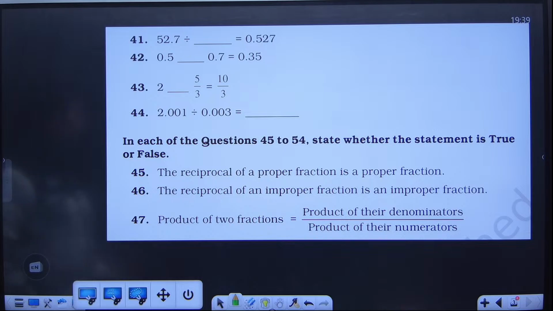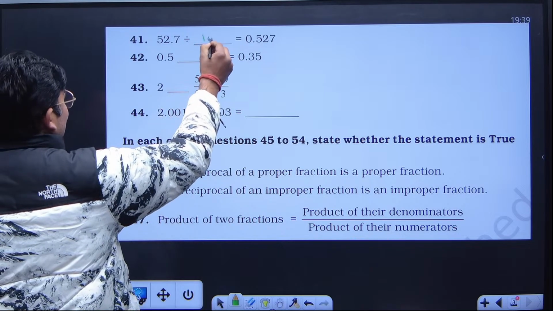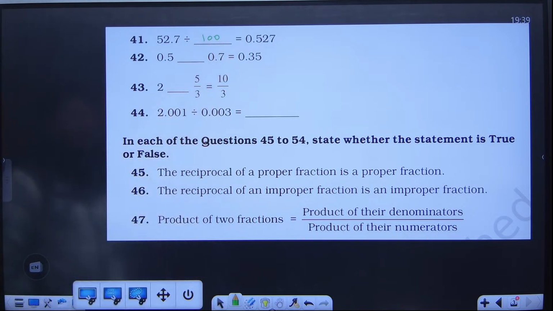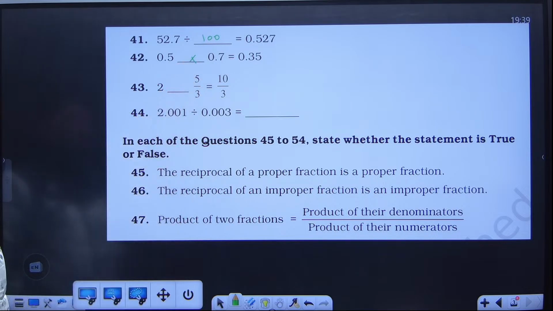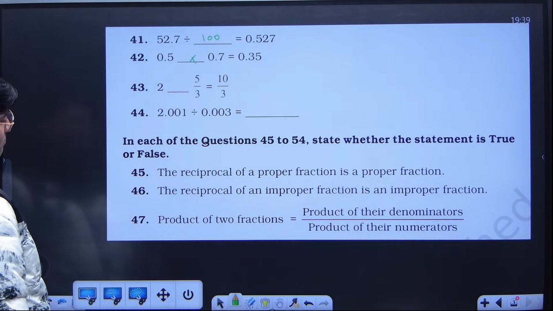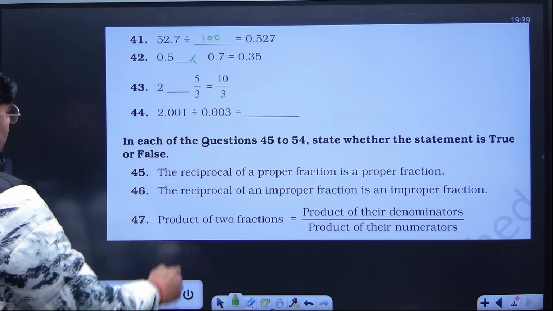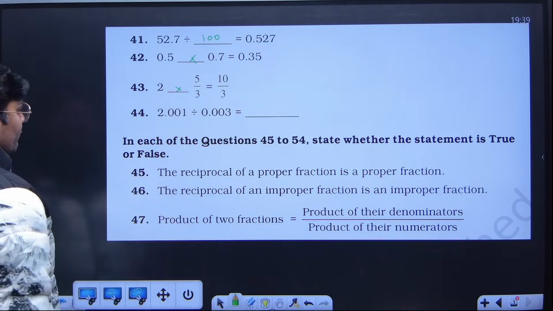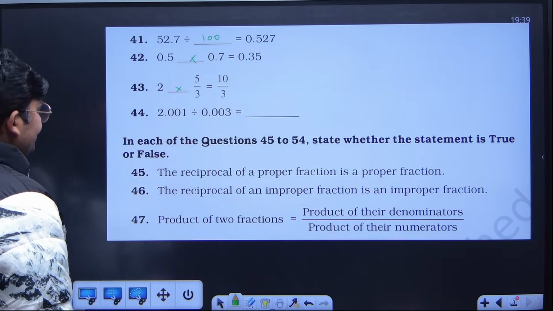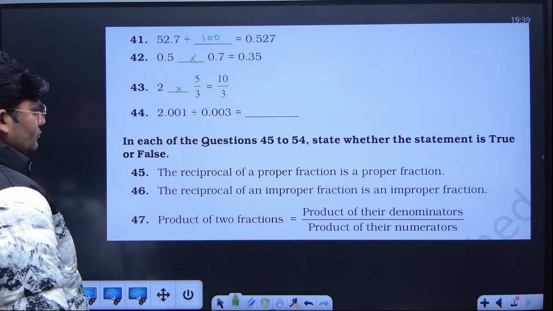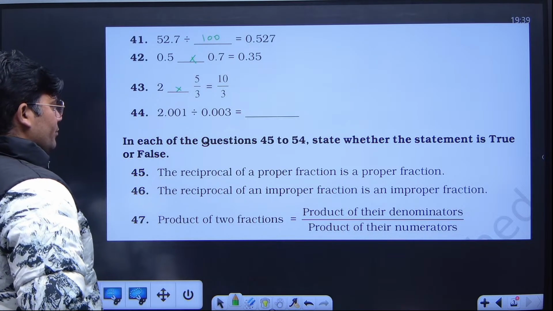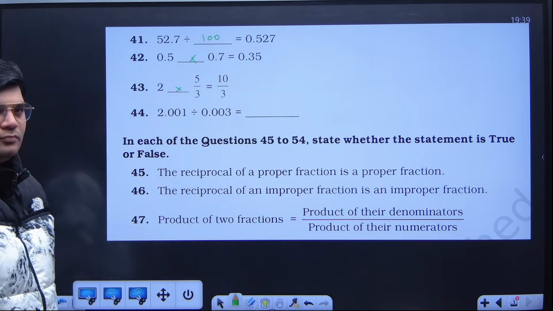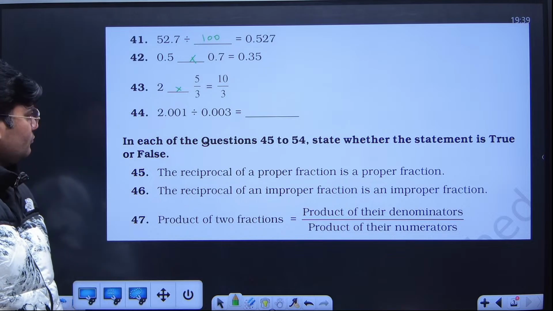100. Hundreds. Okay. 2 into 5 by 3. Next one is 7.